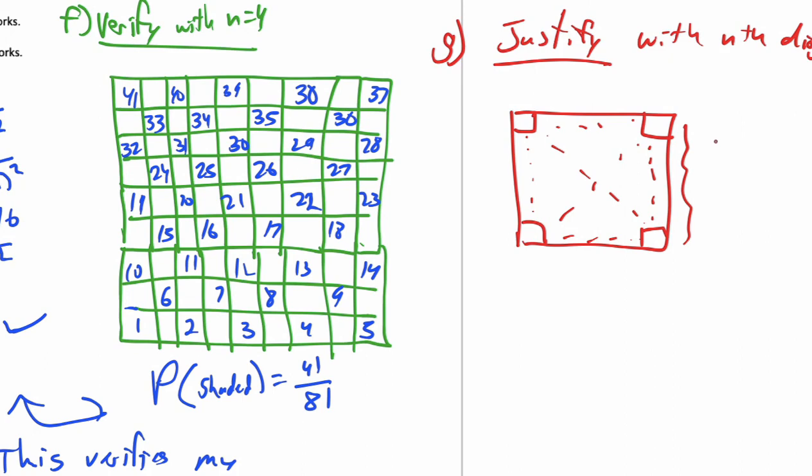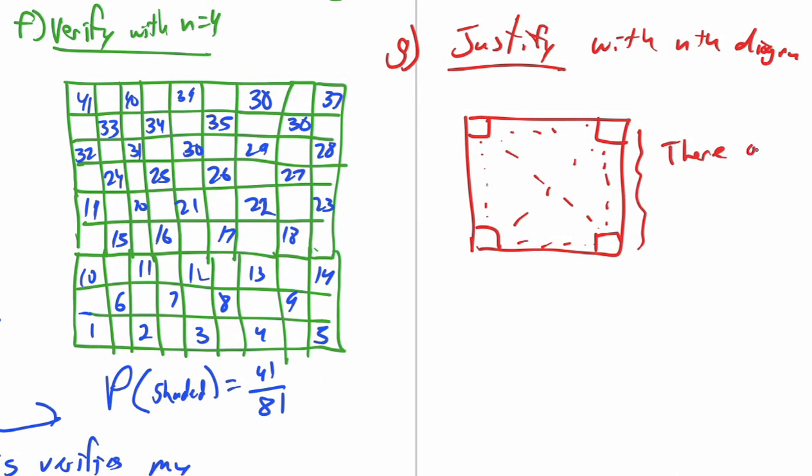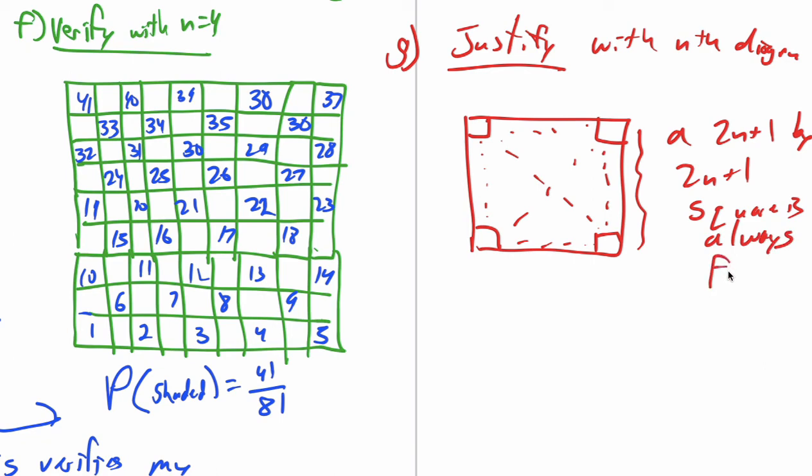Okay, let's say a 2n plus 1 by 2n plus 1 square is always formed.